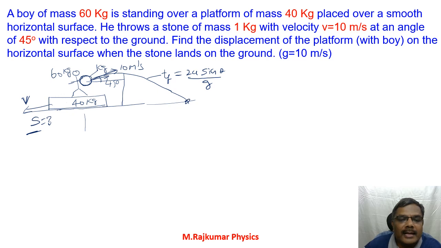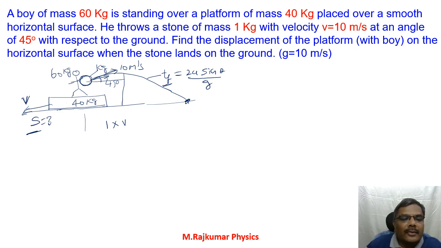When the stone lands on the ground, it will take some time. Till that time the platform will be moving, so how much distance has it covered? As per the law of conservation of momentum, the momentum of the ball will be 1 into v cos theta in the horizontal direction.